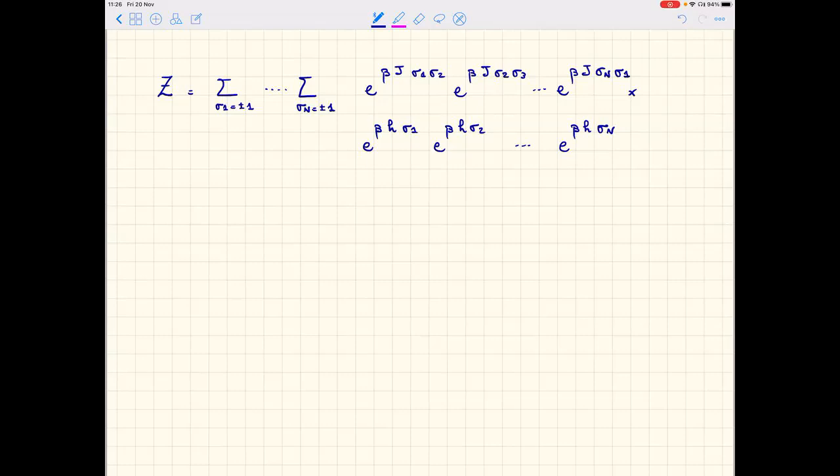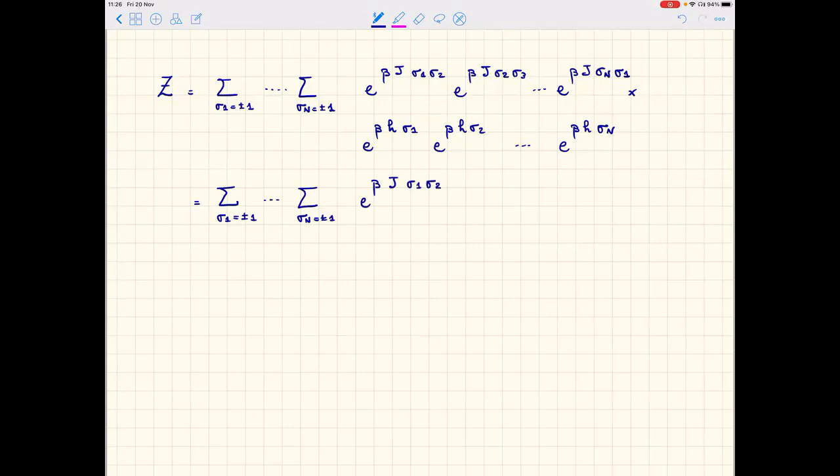Let's write it in a more symmetrical form. The more symmetrical form is the following: sum over sigma 1 equal to plus or minus 1, sum over sigma n equal to plus or minus 1 of what? Of e to the beta J sigma 1 sigma 2.